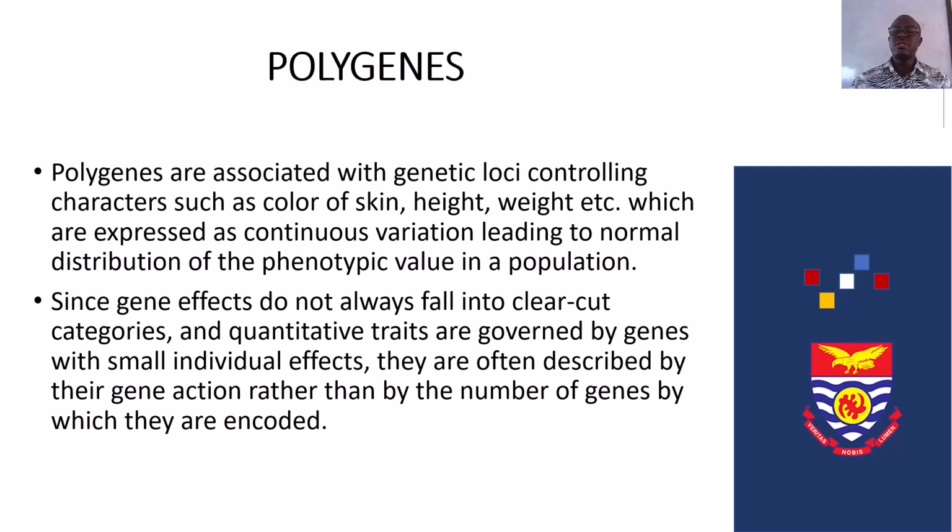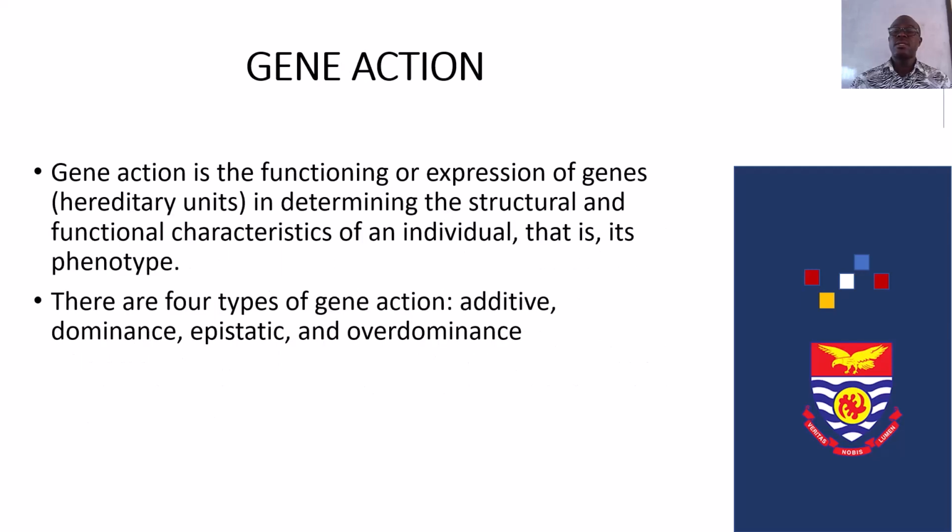Since gene effects do not always fall into clear-cut categories and quantitative traits are governed by genes with small individual effects, they are often described by their gene action rather than by the number of genes by which they are encoded. Gene action is the functioning or expression of genes, the hereditary units, in determining the structural and functional characteristics of an individual, that is, its phenotype.